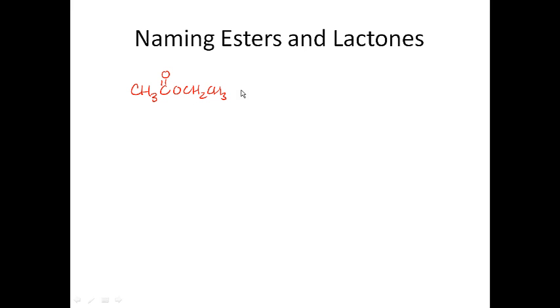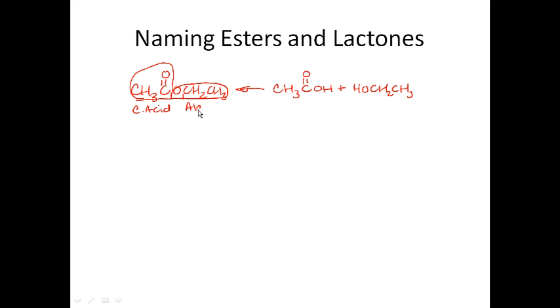One of the simplest ways of making an ester is to react a carboxylic acid with an alcohol, Fischer esterification. So when you look at an ester, you have a carboxylic acid part here, and then you have the alcohol part from there. So here's your carboxylic acid portion of the ester, and here is your alcohol portion.